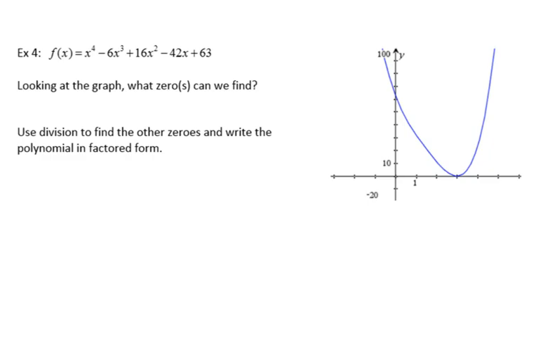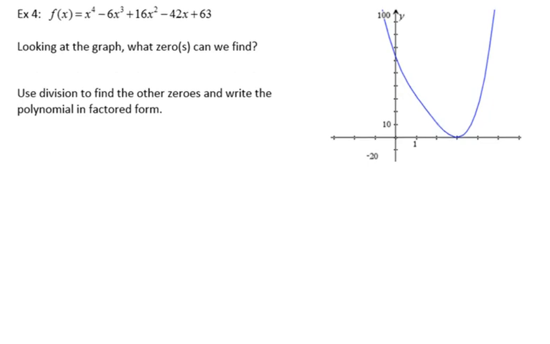Okay, one more. This one is different. It says we have a 0 at 3, but since it just touches here, it's a double 0. 3 is a double 0, which means it happens twice. So if we want to find the other two zeros of my 4th degree, I'm going to have to divide by it twice.